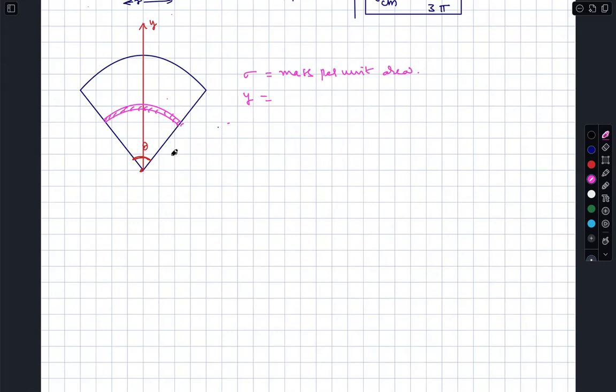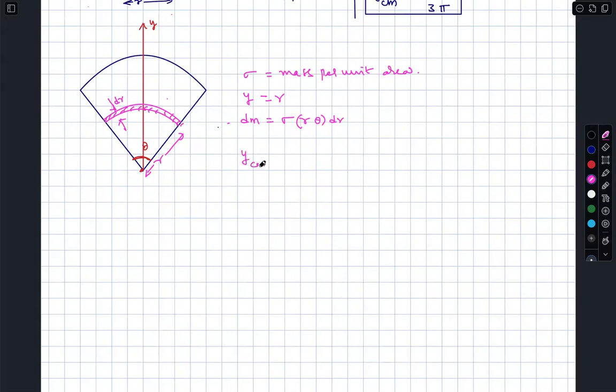Now if this is of radius r and thickness dr, y is located at r, and dm is nothing but sigma times r theta, where r theta is the length of the arc and dr is the width of the arc.